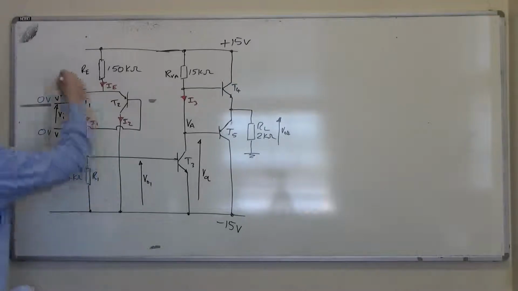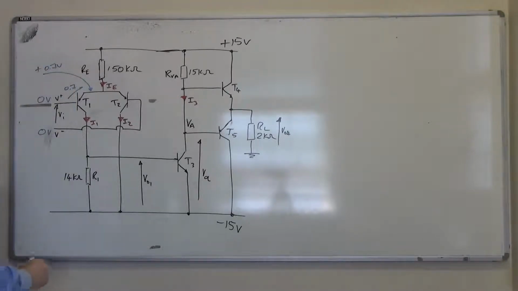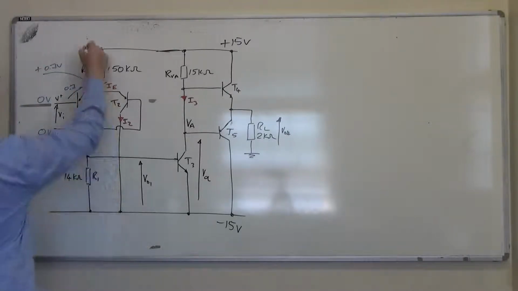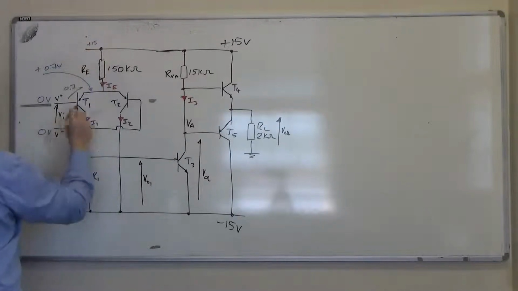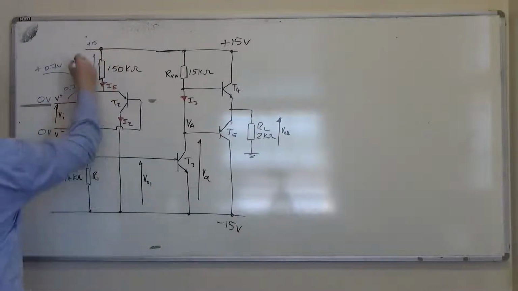And if there is, this node must be at plus 0.7 volts with respect to ground. As a consequence, if this is at plus 15 with respect to ground, and this is at plus 0.7 with respect to ground, across here we've got 14.3 volts.